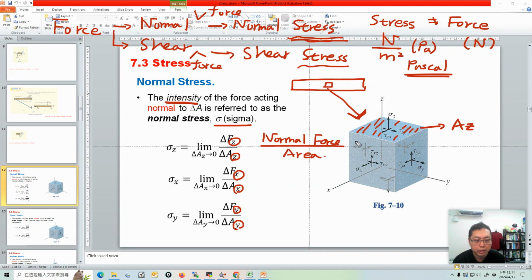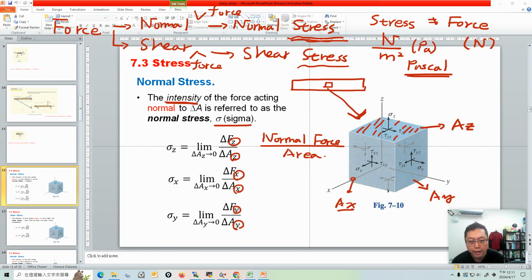Here is ax, and this surface is ay. Ax, ay, az mean the surface normal vector. Ax means the normal vector of this surface is pointing to the x direction.